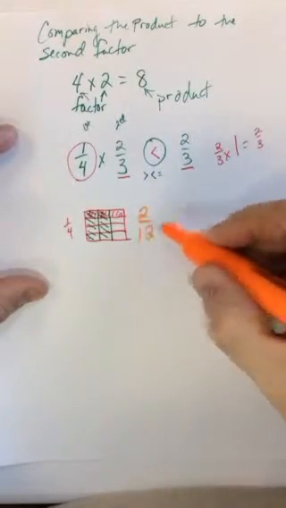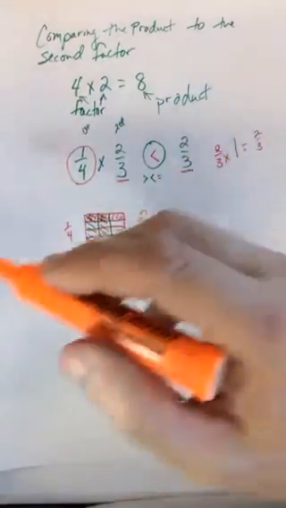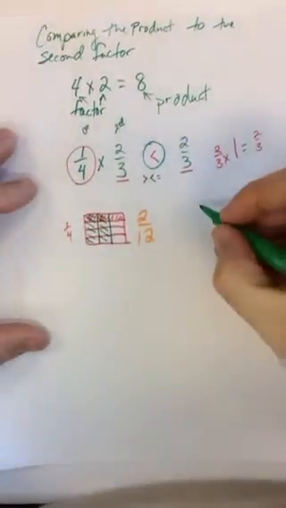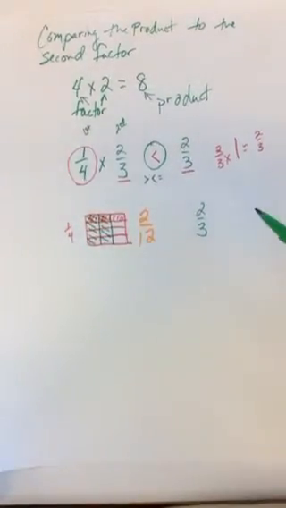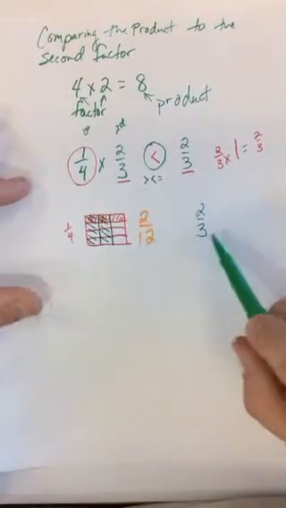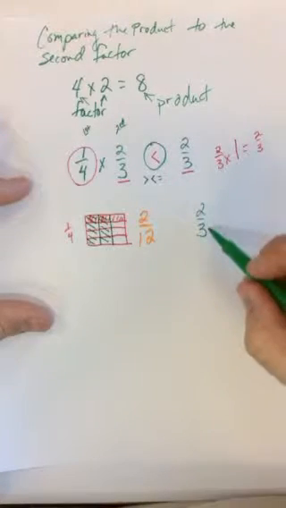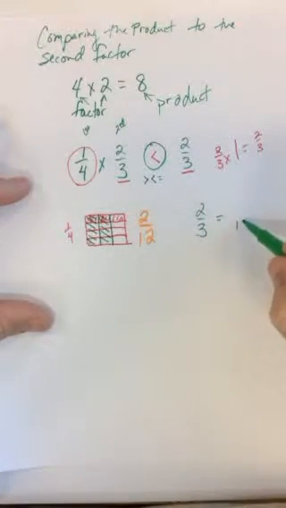and I have 2 pieces that are shared out of 12 total pieces. Now, to be able to compare that to my 2/3, to truly compare it, I need to have common denominators. So I'm going to keep this as a 12th, but I'm going to turn this fraction into an equivalent fraction with 12ths as a denominator.